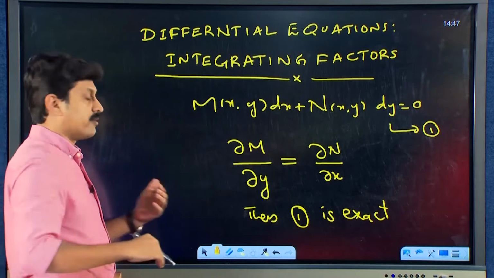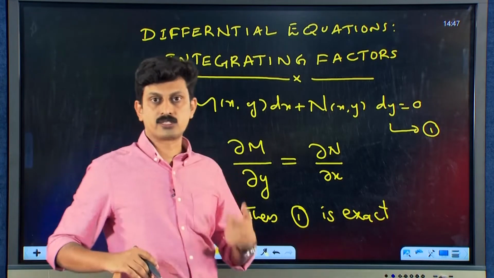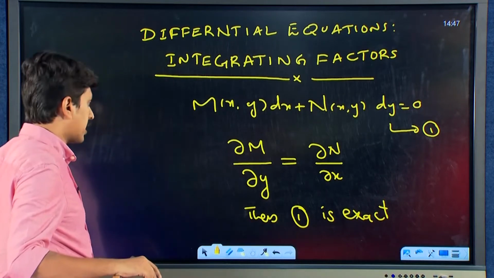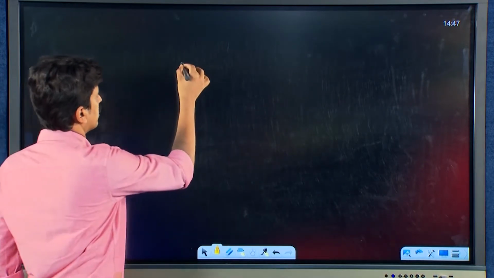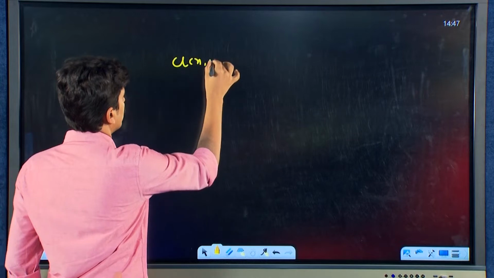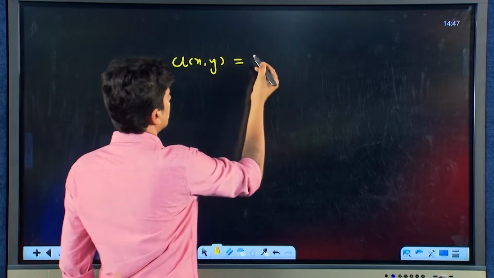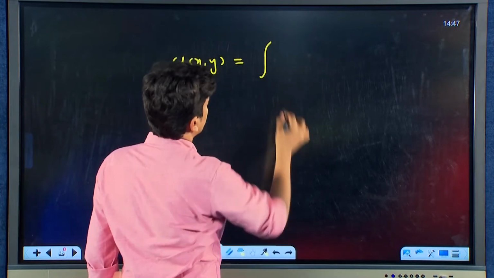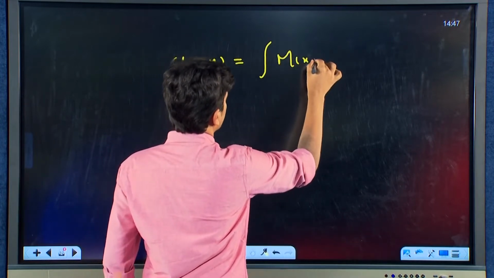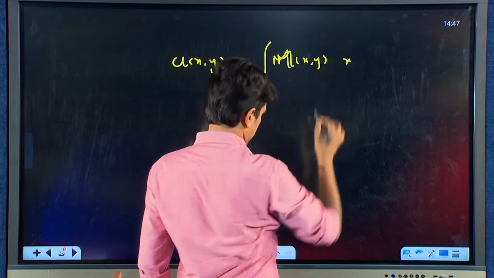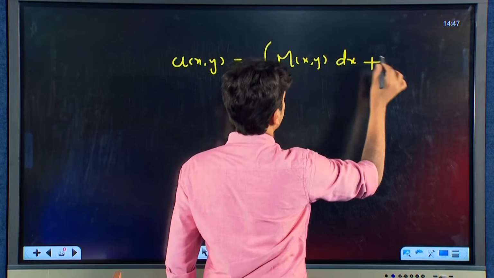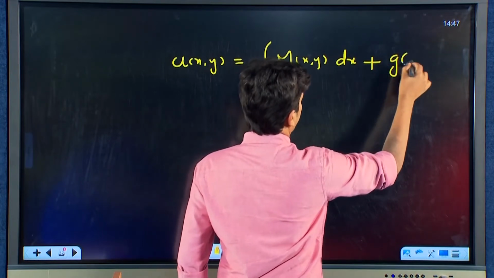We have used two methods to solve an exact differential equation. In the first, we take u(x,y) equal to the integral of M(x,y) dx plus some g(y).